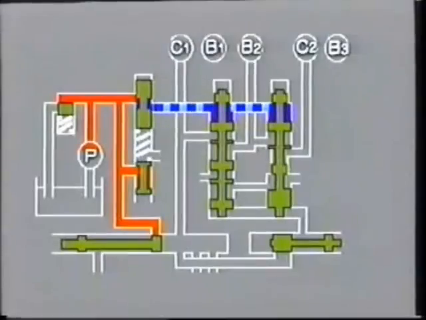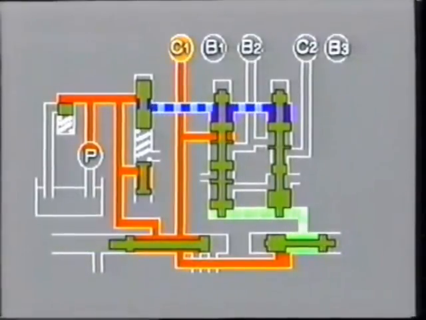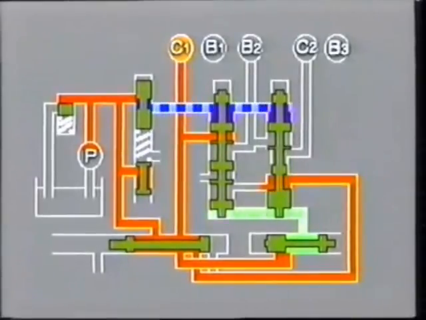When the driver sets the selector lever to 2, the manual valve opens up the line pressure passage to the 2-3 shift valve and 1-2 shift valve.